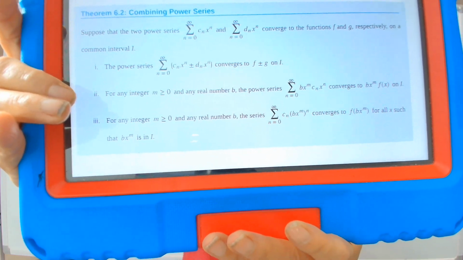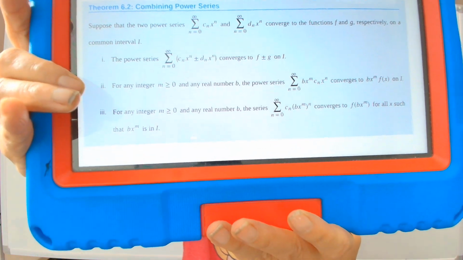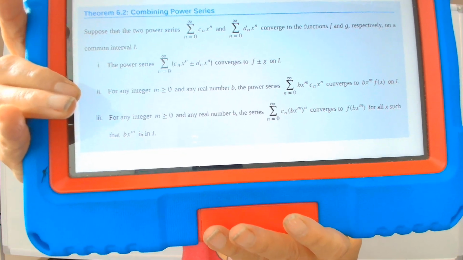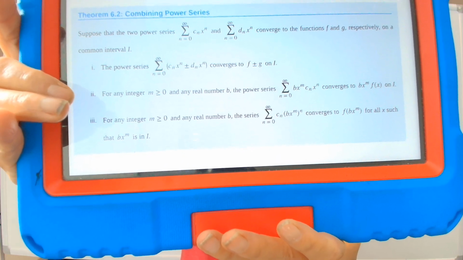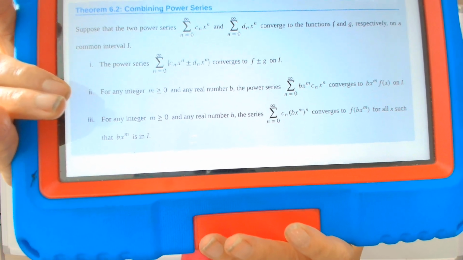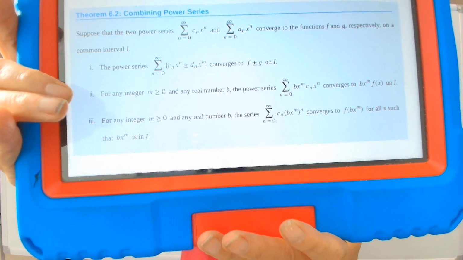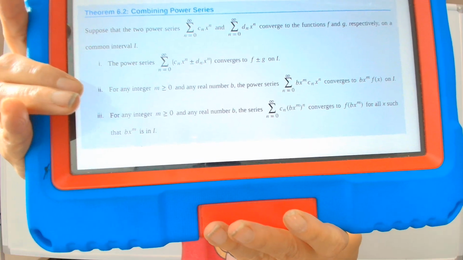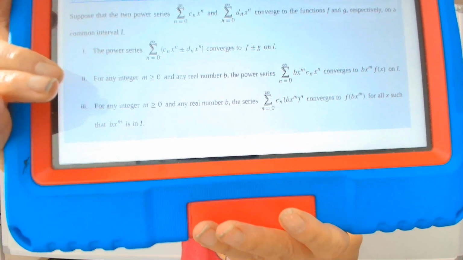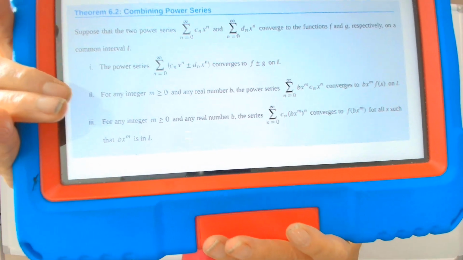That's because bx to the power m is not a variable in the summation. The variable is n, right? n goes from 0 to infinity. So anything that has nothing to do with n can be pulled out. If you have bx^m in there, then that's just a common factor. So you can pull that thing out, and the whole thing can then converge that way.